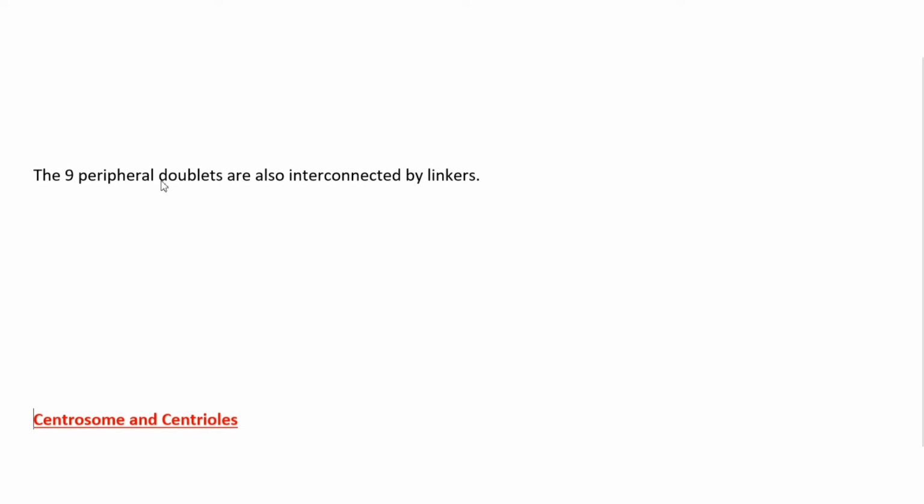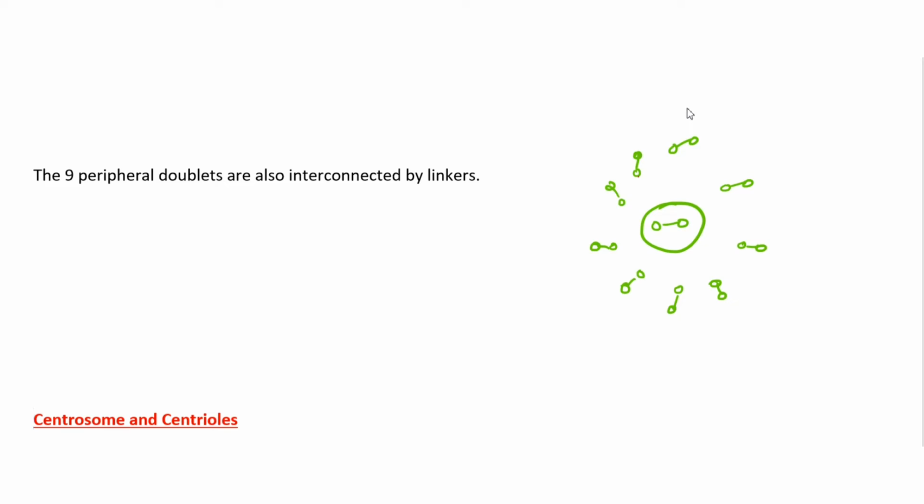First of all there is a central doublet. There is only one single thing in the center, and it is surrounded by a hub, and here you see there are peripheral doublets which are radially present throughout.